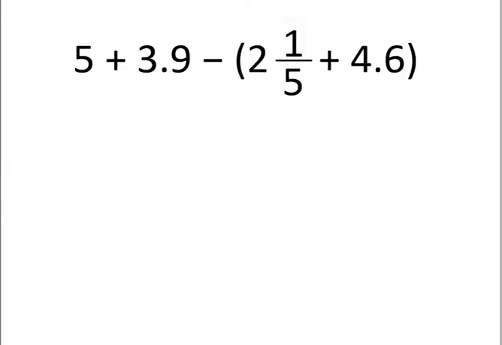All right, next problem here. So this is another situation where it's going to work out really well for me to change my fraction into a decimal. Okay? All right, so let's go ahead and rewrite this with decimals.